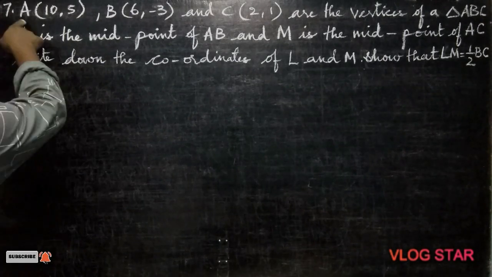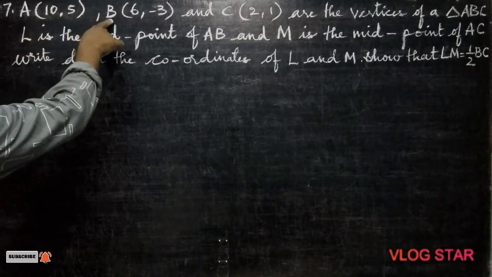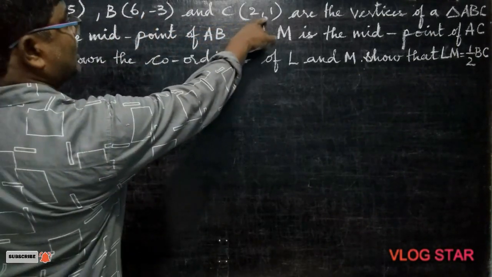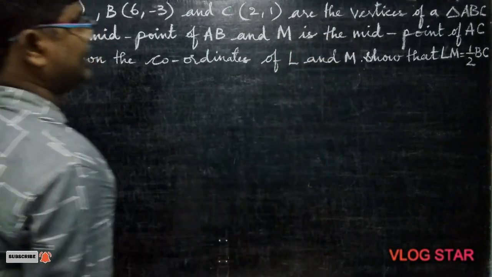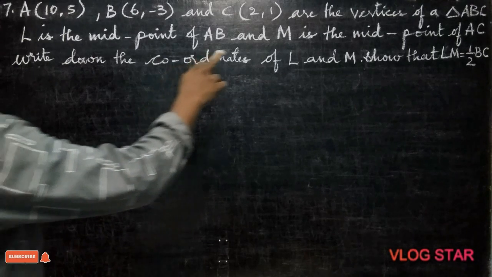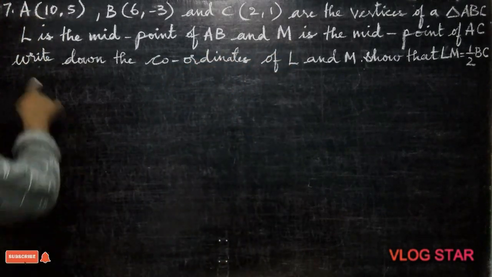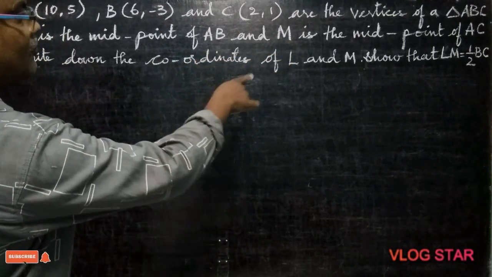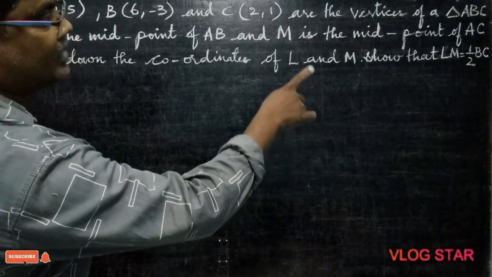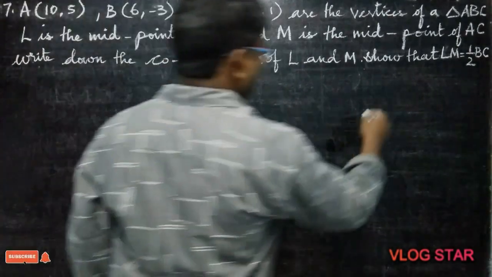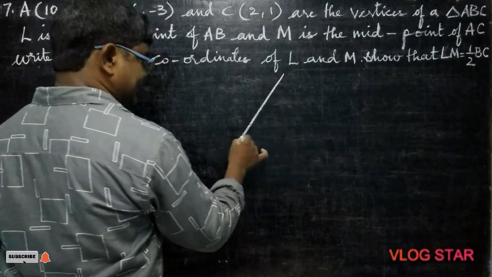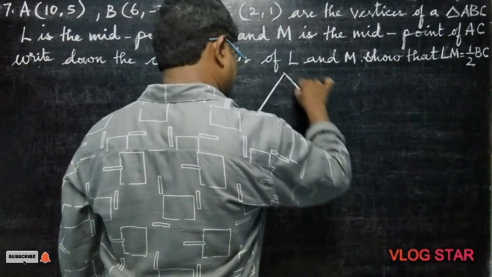Seventh problem. A(10, 5), B(6, -3) and C(2, 1) are the vertices of triangle ABC. L is the midpoint of AB and M is the midpoint of AC. Write down the coordinates of L and M. Show that LM is equal to half BC. So here is triangle ABC.